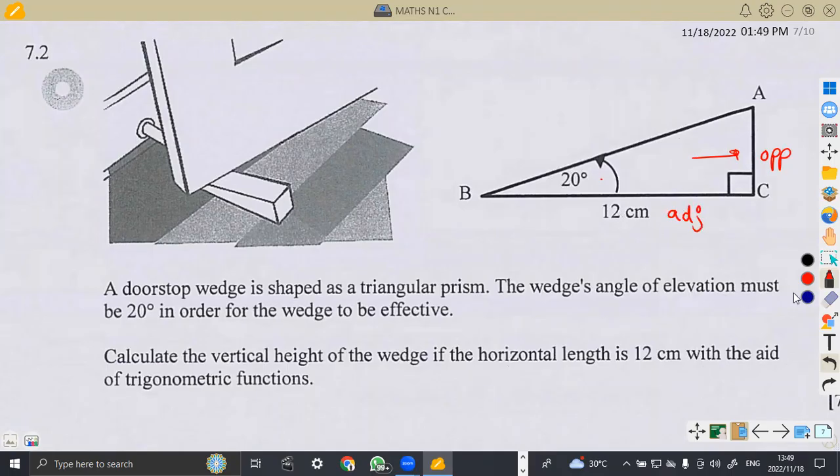We know from our trigonometric ratios, SOHCAHTOA, which we use most, guys, that for opposite and adjacent we must use tan. Tan is opposite over adjacent.